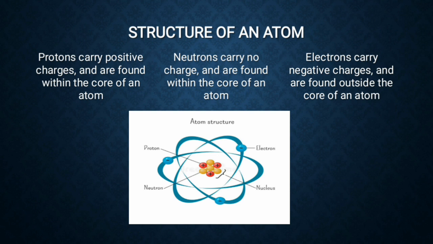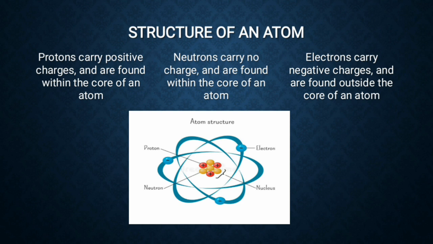Now let's see all of these. Protons carry positive charges and are found within the core of an atom. If you look at the image below, you'll see the structure of an atom. Just in the middle at the core is the nucleus. Inside the nucleus, there are two elementary particles. Protons are red colored and carry positive charges.